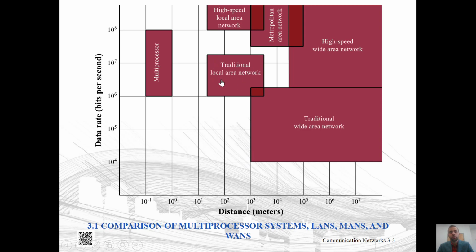Now, a traditional LAN has a coverage area on the order of several hundred meters. A college campus would qualify as a local area network type of coverage area.